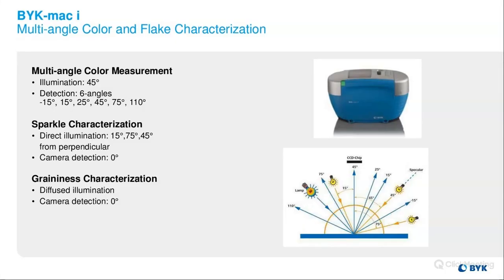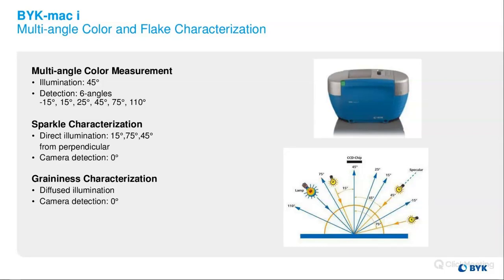So the most important angles are 75 and 15 degrees, because when the light's coming in from 75 degrees, you're going to be able to see how those sparkles are orientated onto that pigment. So if they're slightly different, you'll see the light reflecting off at different angles, and you want them all to be flat, ideally. And 15 degrees is important because that's with your sparkle area.